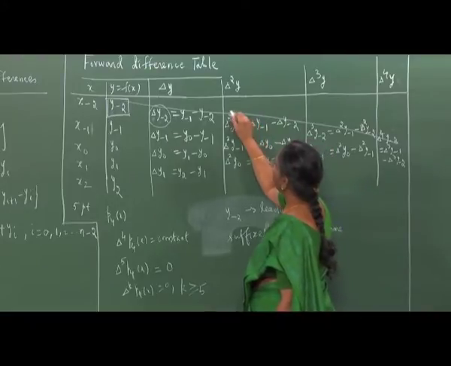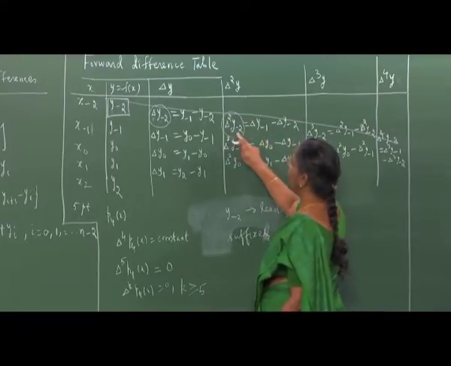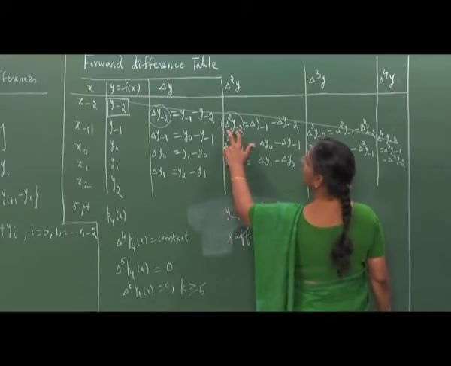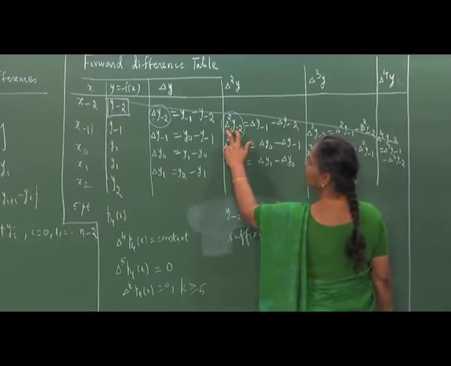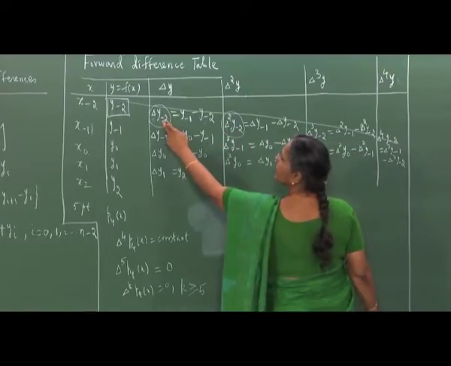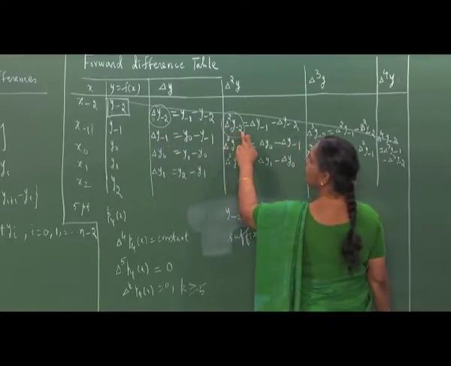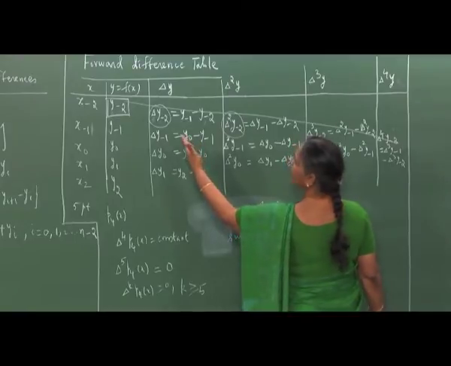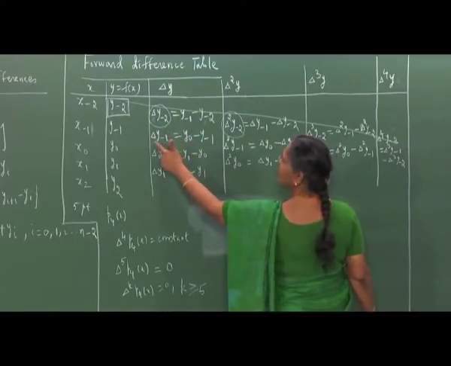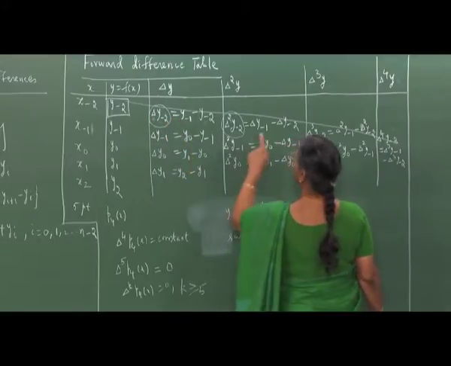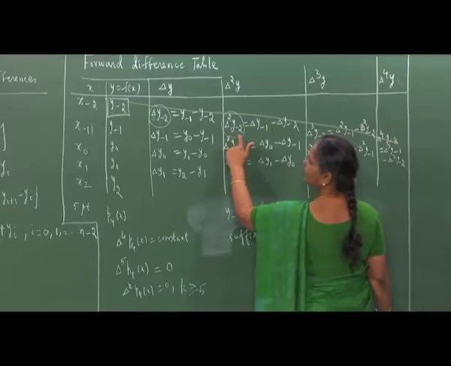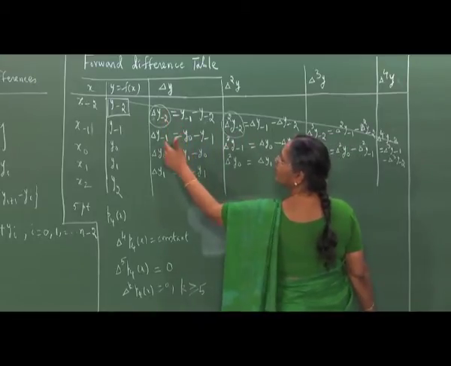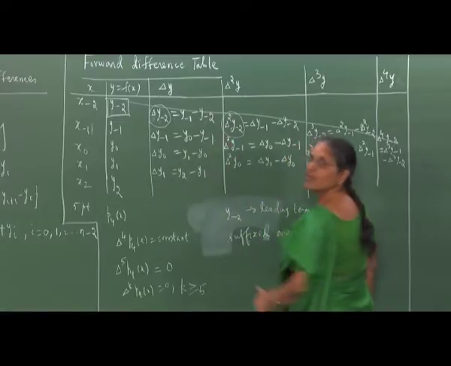For example, how did you write del square y minus 2? You placed it in the column for second order differences, and this is located in between the two entries which you used to compute del square y minus 2 in the previous column. What are those entries? They are delta y minus 1 and delta y minus 2. So, you place the second order difference del square y minus 2 between the two entries which appear in the previous column.